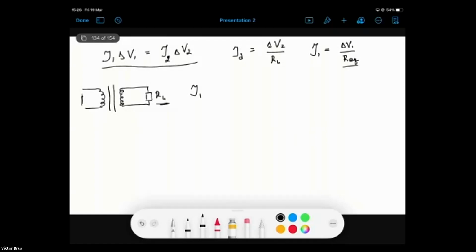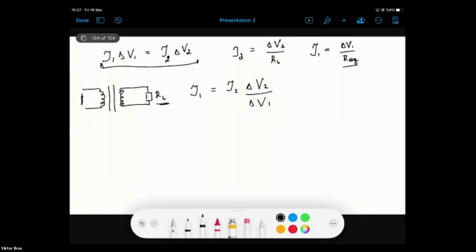And from this equality here, I1 is expressed as I2 times delta V2 divided by delta V1.